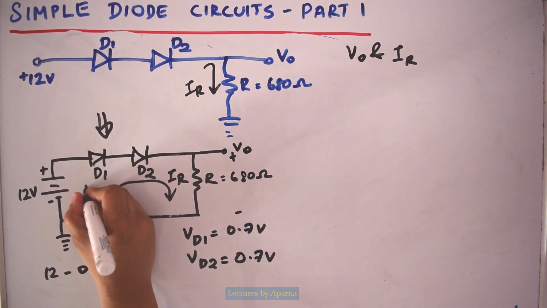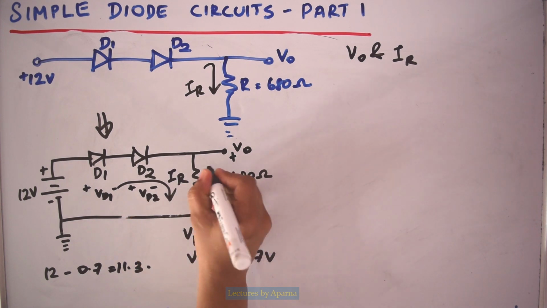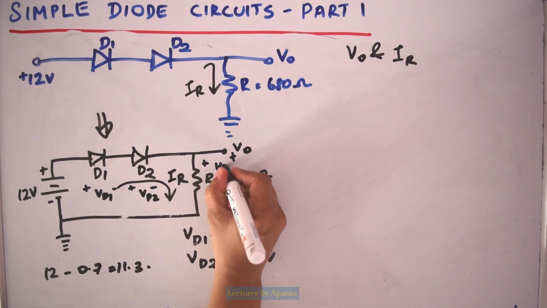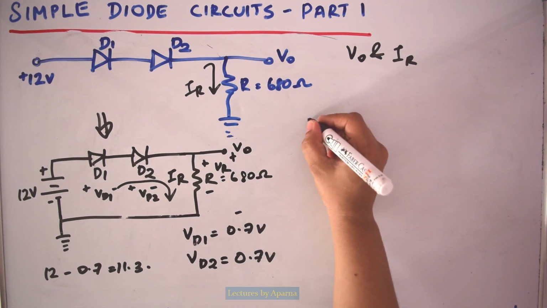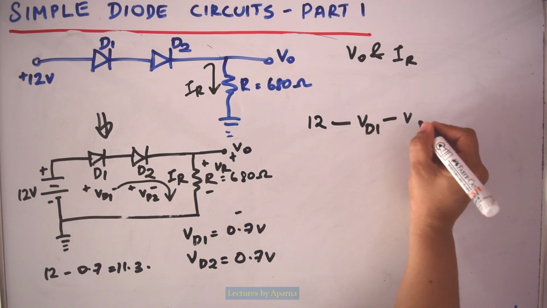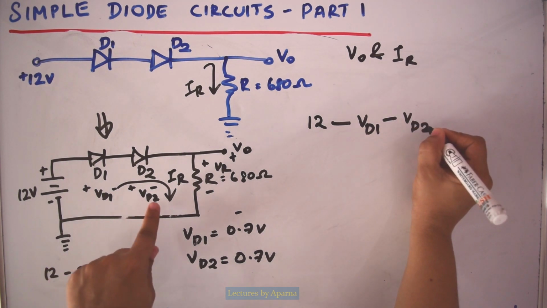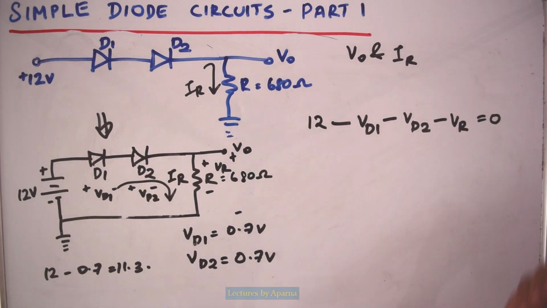It will be plus or minus VD1, plus or minus VD2 and plus or minus VR. Applying Kirchhoff's voltage law, it will be 12 volt minus VD1 minus VD2 minus VR equal to 0.